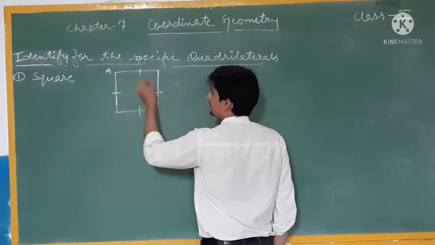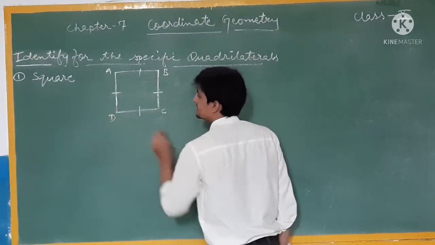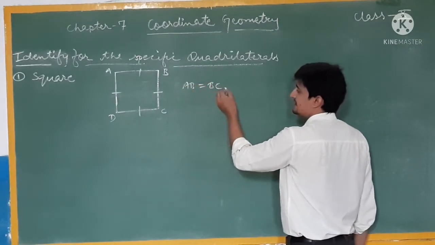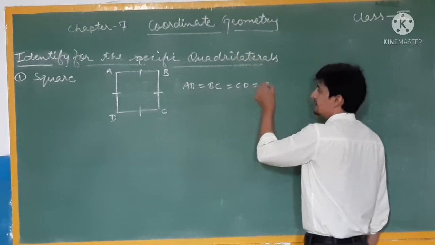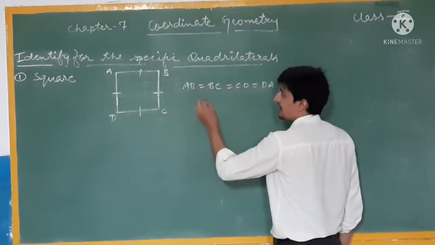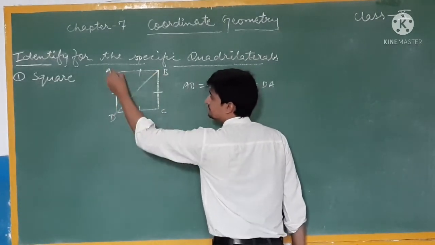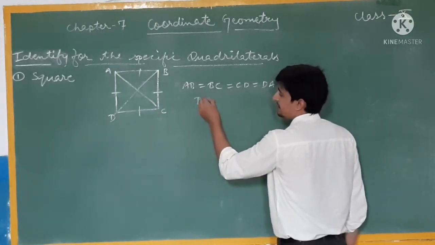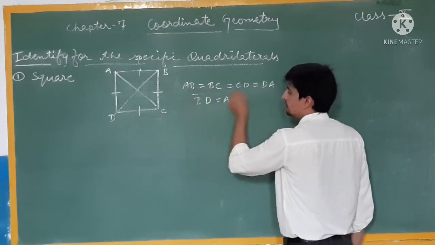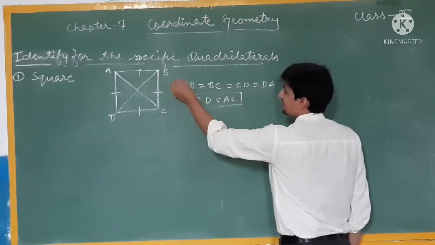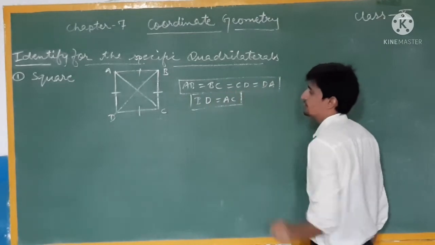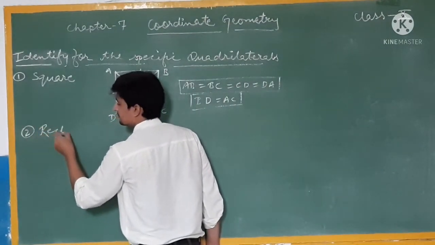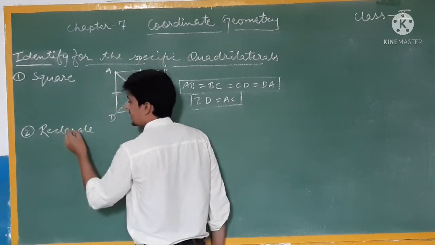Let's suppose A, B, C, D are the vertices. Here we can say AB equals BC equals CD equals DA. This is the first condition, and the next condition is that the diagonals are also equal, so I can write BD is equal to AC. Both conditions must be satisfied for a square. Understood? Now second I have the rectangle.